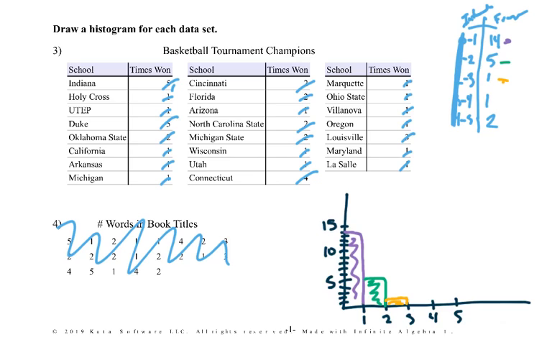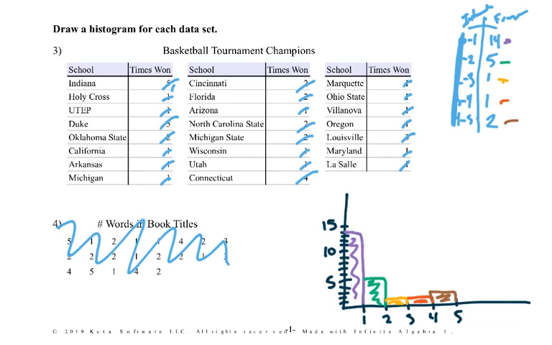So a lot smaller on that one. And then another one. And then the last one has 2 on it. So I'd go up to 2. And there's my histogram. And that's all there is to it on the histograms.